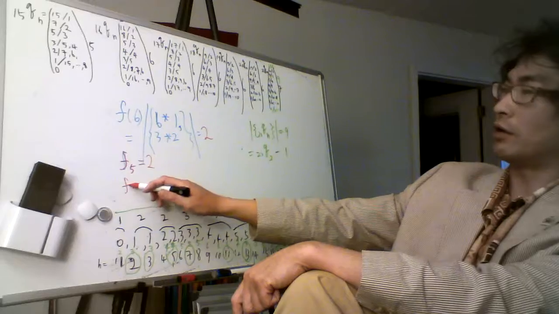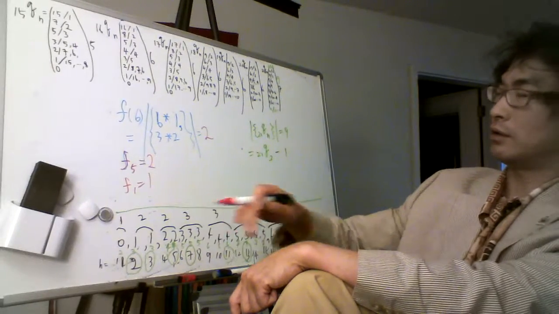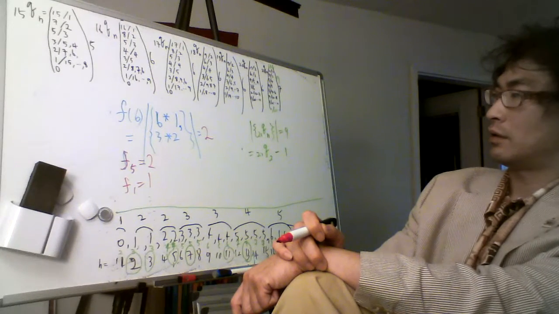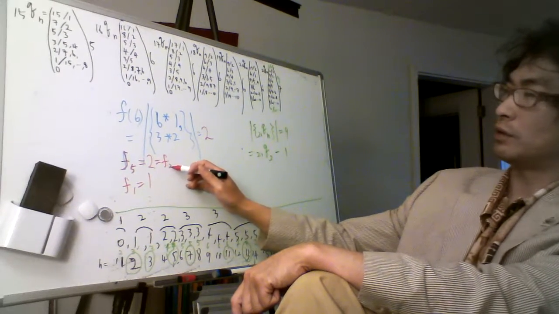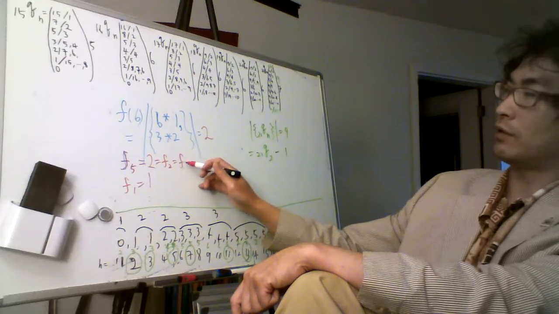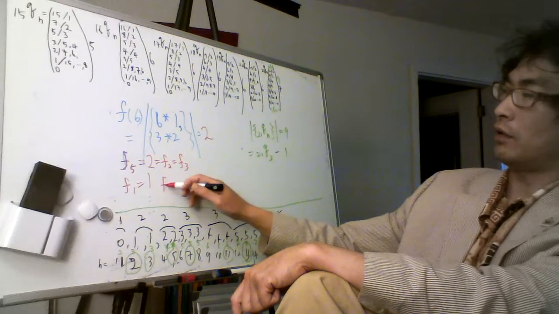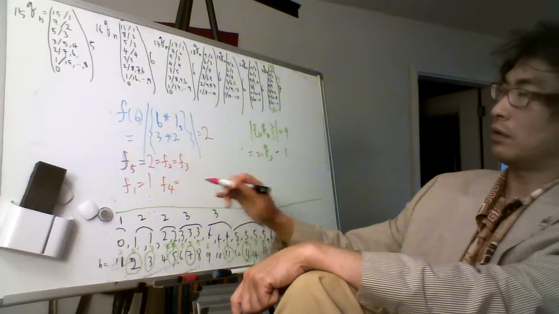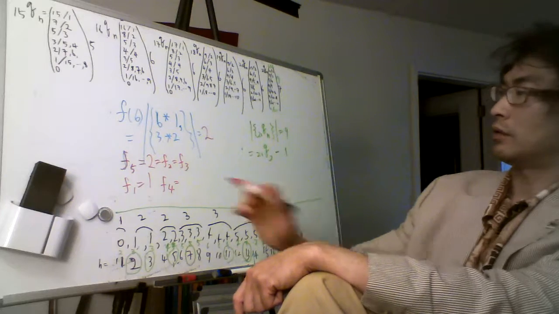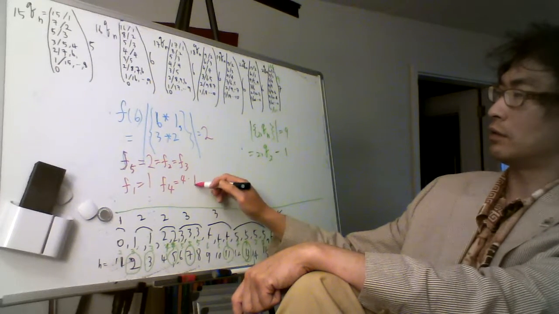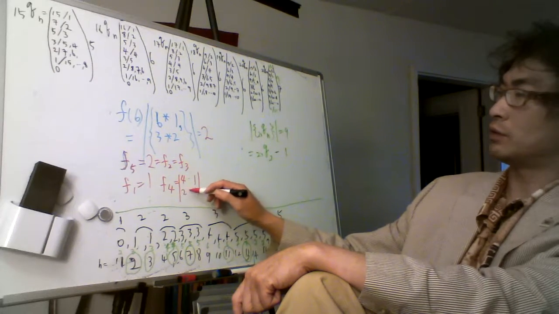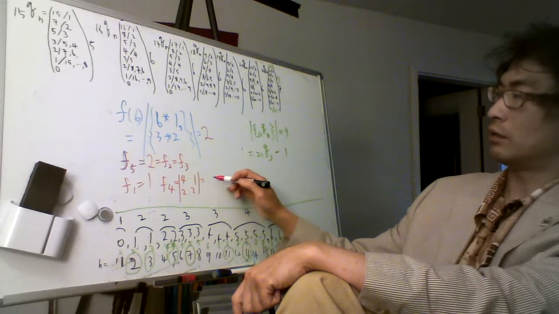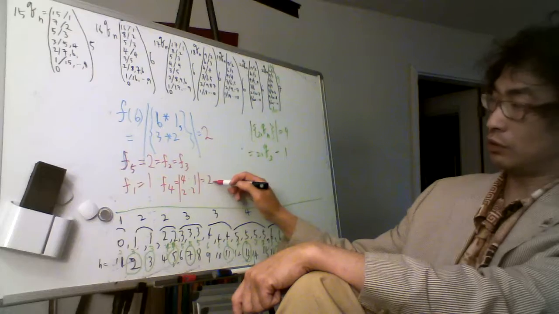How about F1? That's 1. F2? 2, because they're prime numbers. F3? Yeah. How about F4? 4 times 1, 2 times 2 is also 2.